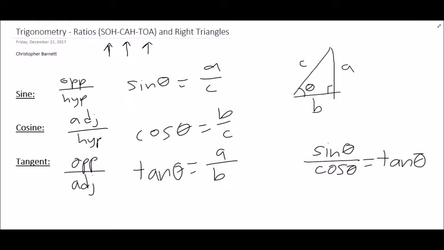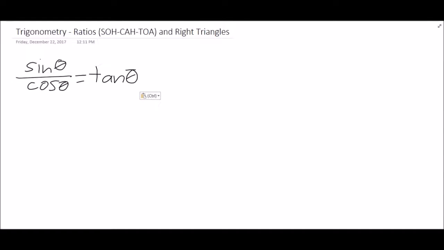And if we actually work this out, so I open up a new tab here. So if we have sine theta over cosine theta, let's think about this. We know that tangent theta, first of all, is opposite over adjacent. Okay, that makes sense, right? So we have sine theta over cosine theta. We know that sine theta is opposite over hypotenuse.